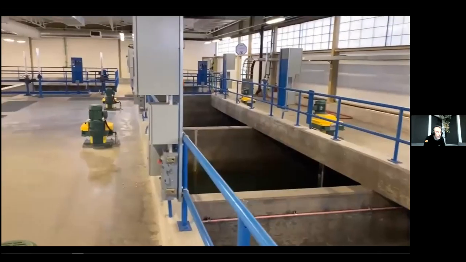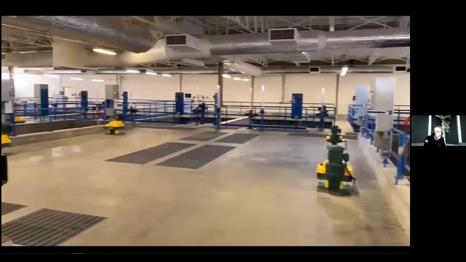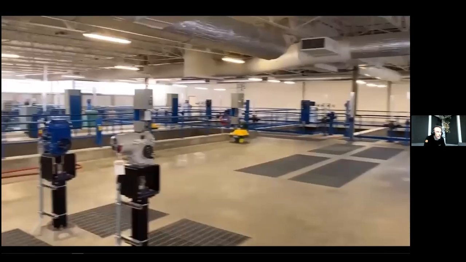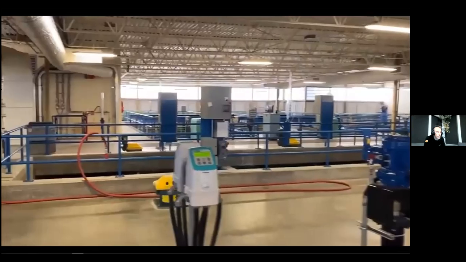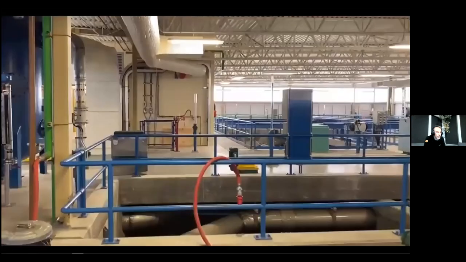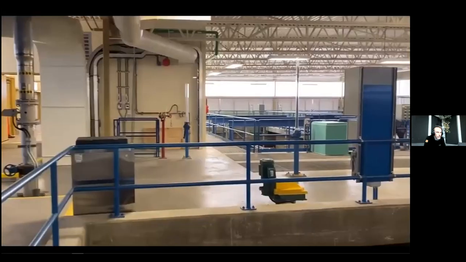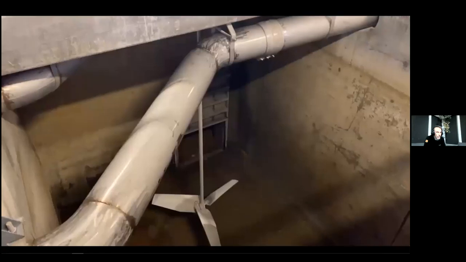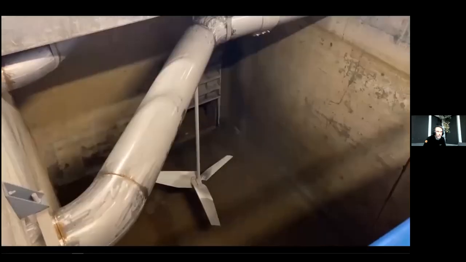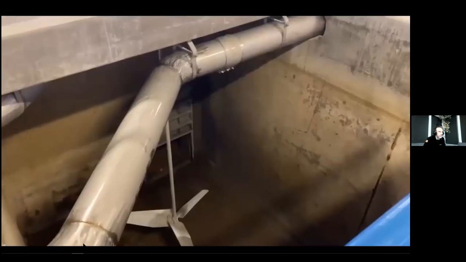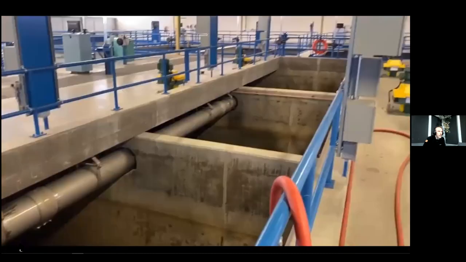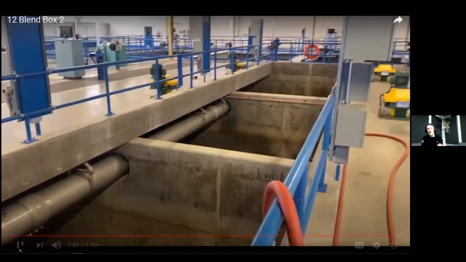Now today we just happen to have our other train down so we could actually take a look at what those mixers look like. Here's an empty tank here. And you can see how deep those tanks are and the mixers that are in them. Gives you a pretty good idea.